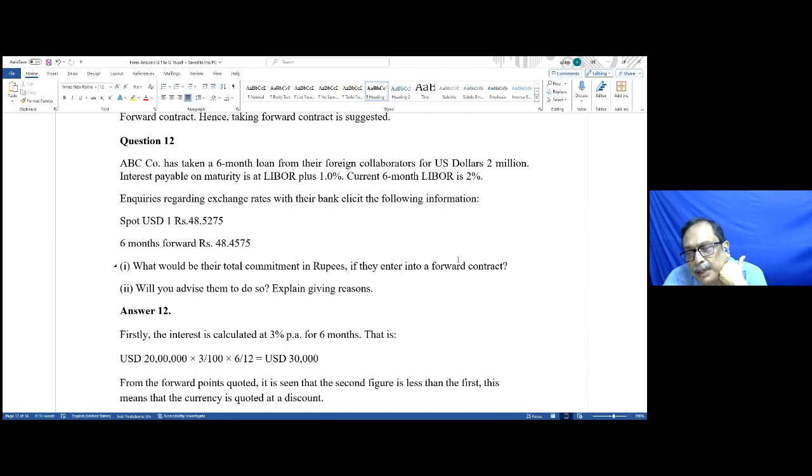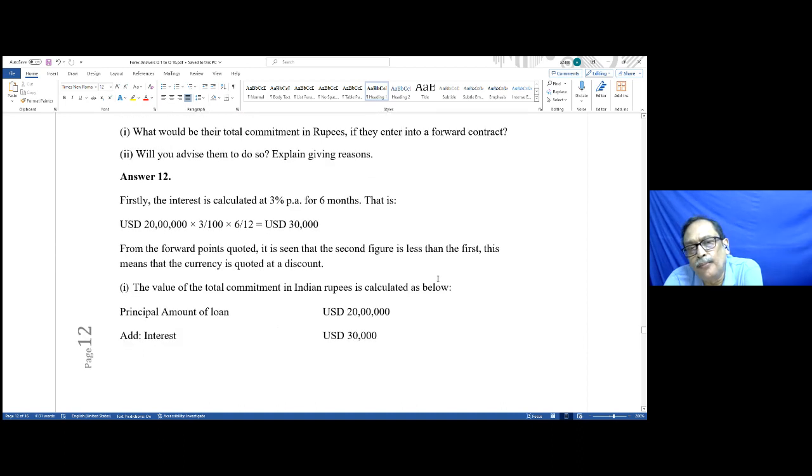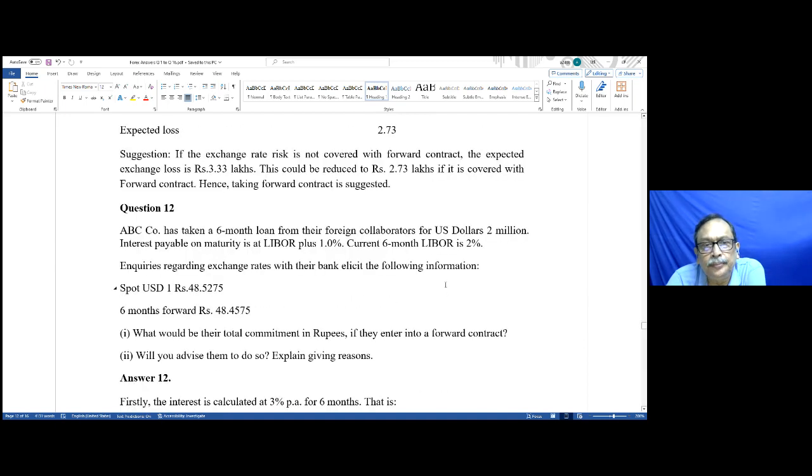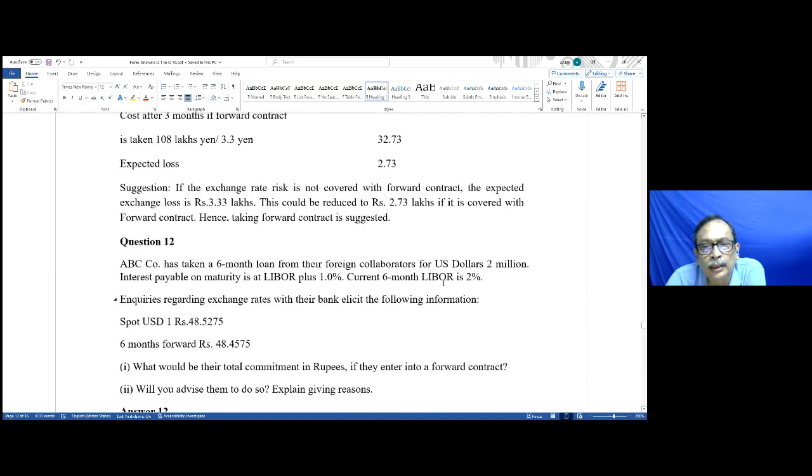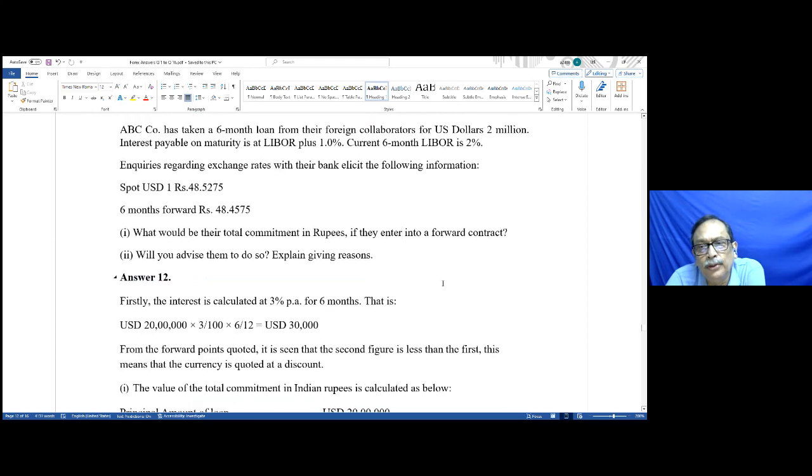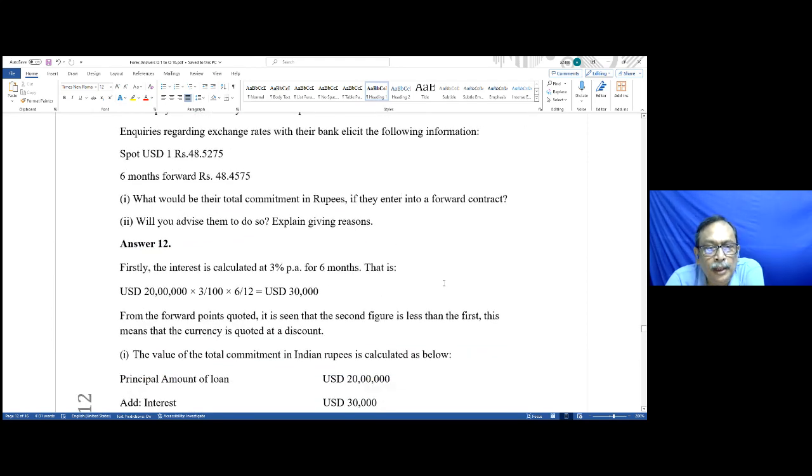Total comes to 3% per annum, but it is for 6 months. That is US dollar 2 millions into 3 by 100 multiplied by 6 by 12. It comes to US dollar 30,000.